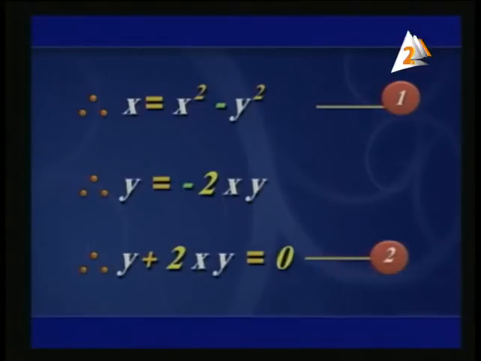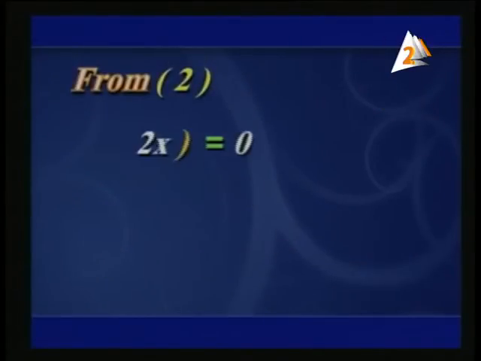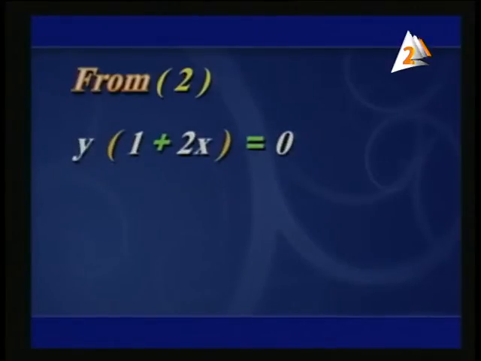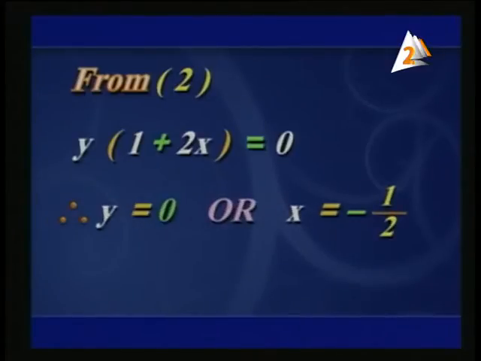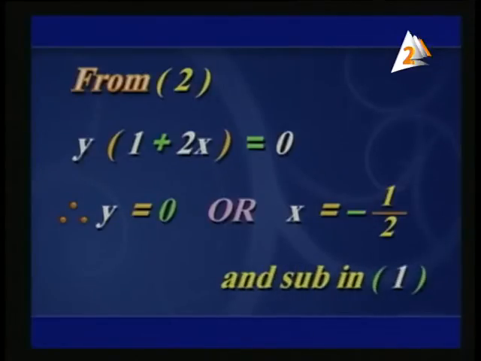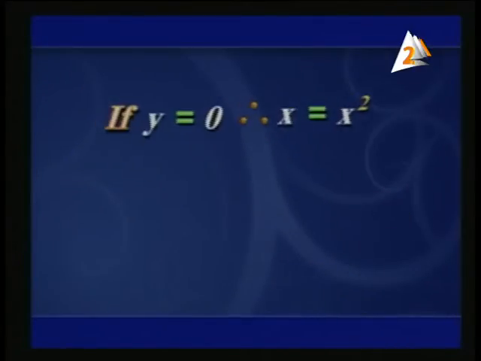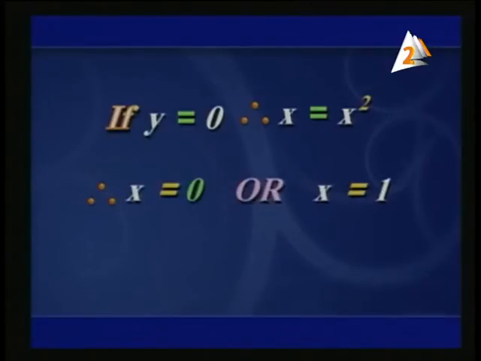Therefore, y plus 2xy equals 0, and this is equation number 2. And from 2, y times (1 plus 2x) equals 0. Therefore, y equals 0 or x equals negative half. By substituting in equation number 1, if y equals 0, then x equals x squared, so x equals 0 or x equals 1.